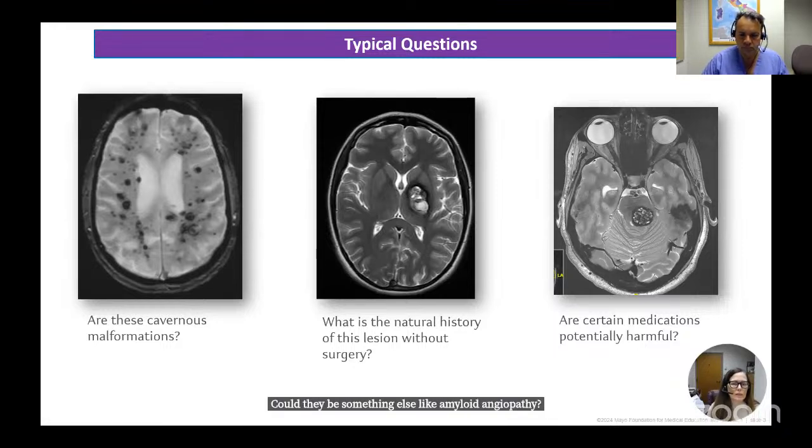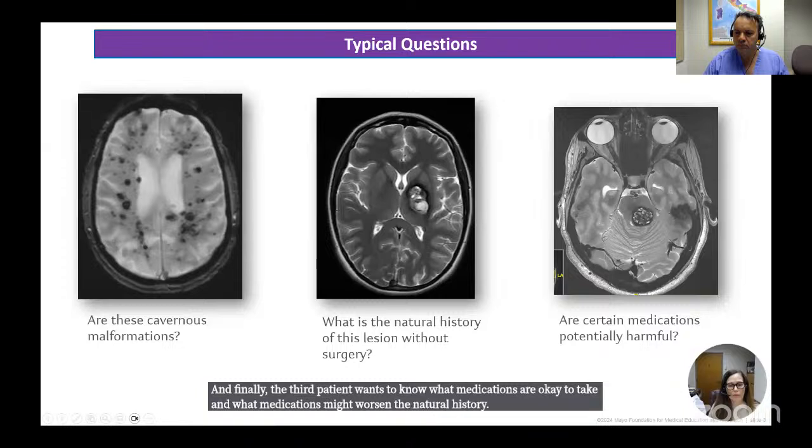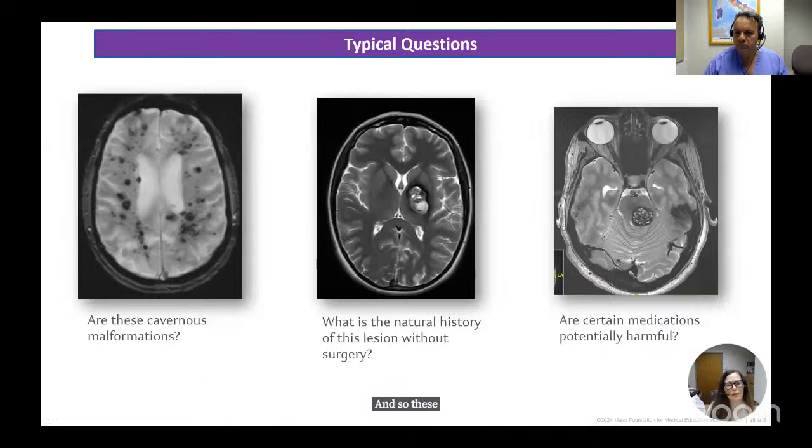The second patient wants to know what's the risk of observation, what's the natural history versus what's the risk of surgical intervention in this particular situation. And finally, the third patient wants to know what medications are okay to take and what medications might worsen the natural history. And so these are the typical questions I might get asked.